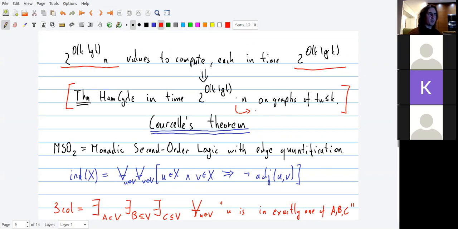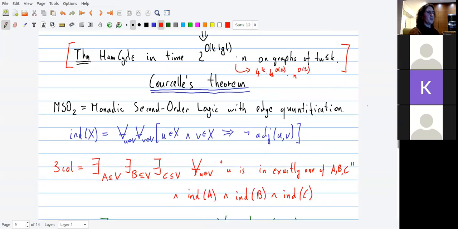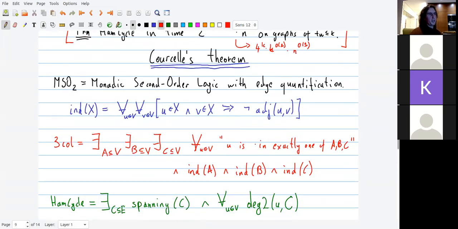The best possible algorithm now works in, I think, running time 4 power k times n times k to order of 1, let me write it like this. I don't want to say any false things here with respect to linear time.